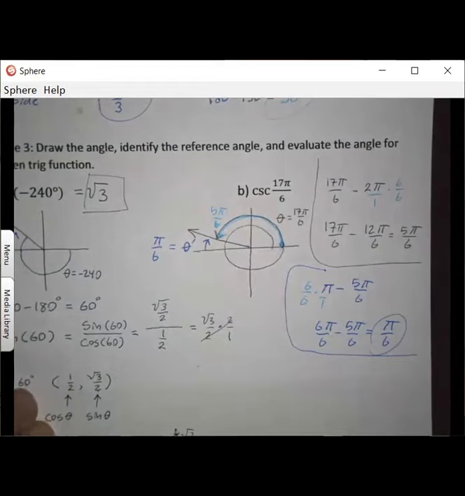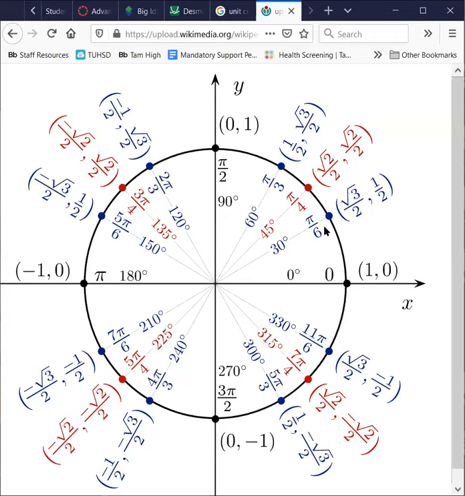Again, pi over 6 is a nice value. It's on our unit circle. So we take a quick look. So pi over 6 gives us the point root 3 over 2 and a half. Let's write that down.